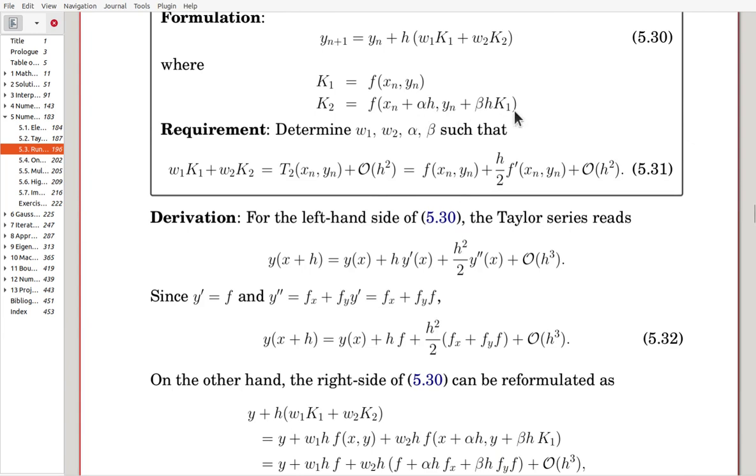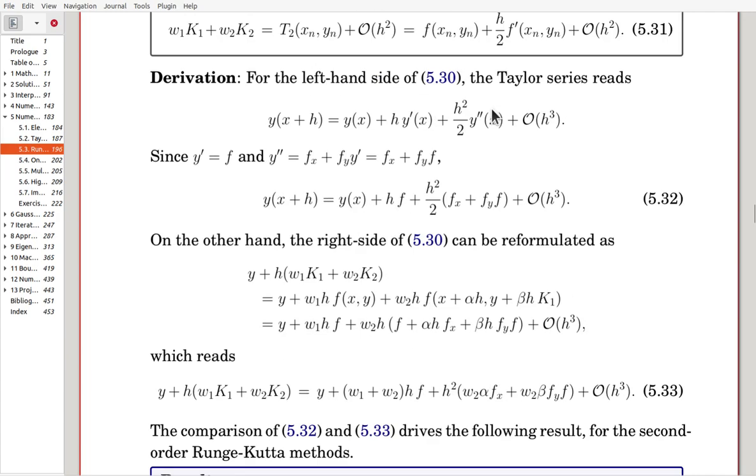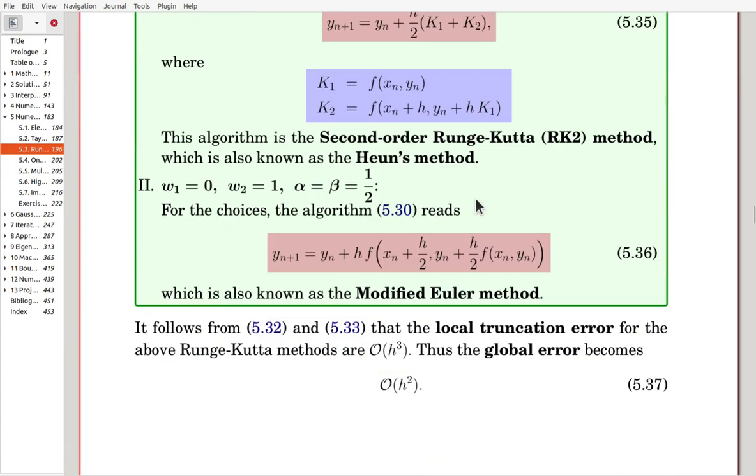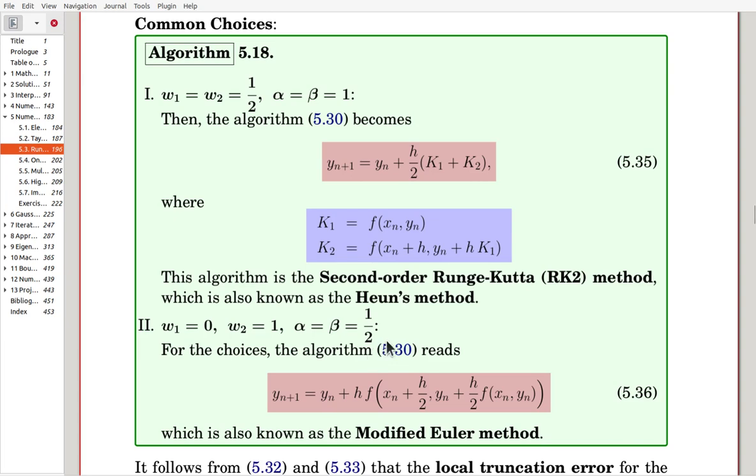Alpha and beta must mathematically be the same, because one represents the alpha portion of the x value, and the other represents the beta portion of the y value, but the point and the value at the point, if they are different, it doesn't really make sense. So from the beginning, alpha and beta must be the same. In this choice, alpha and beta are the same, so it's quite a reasonable choice.